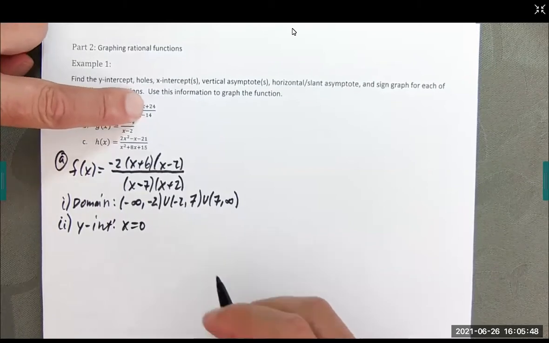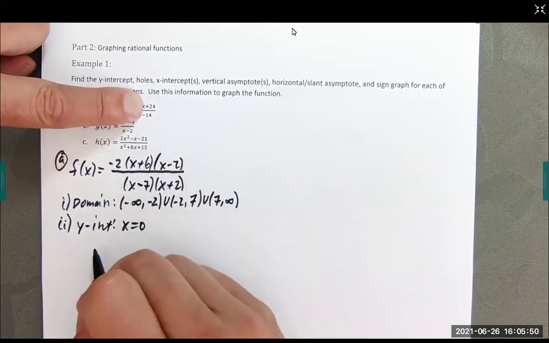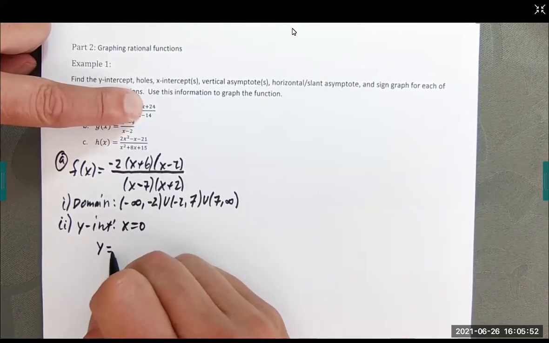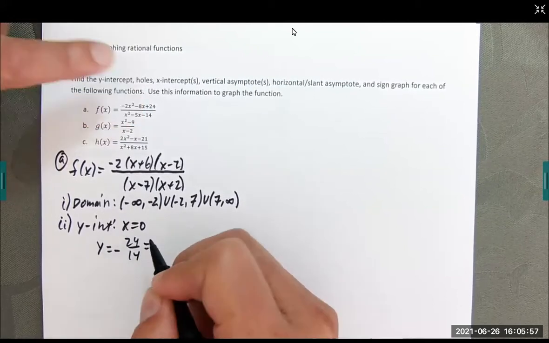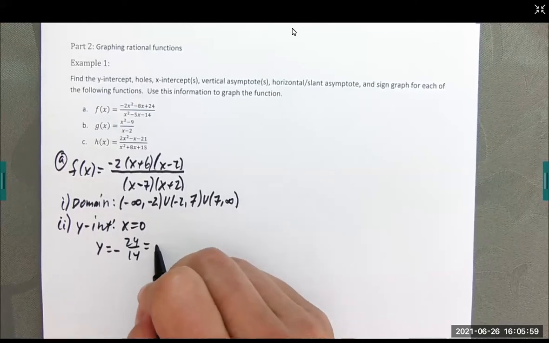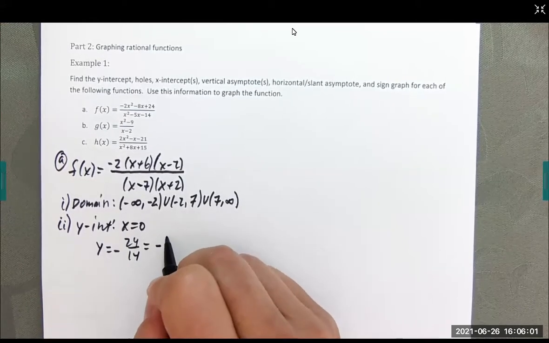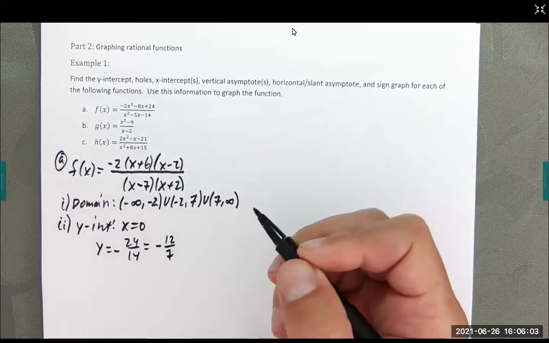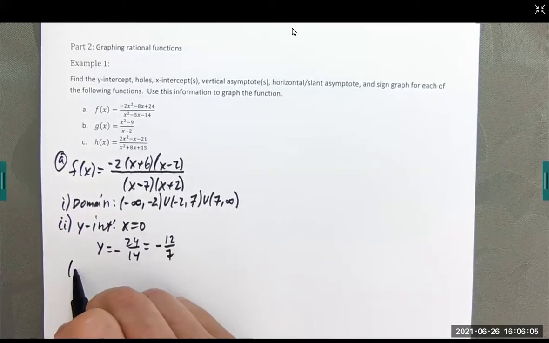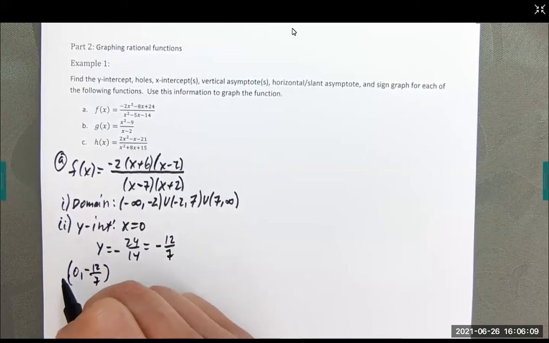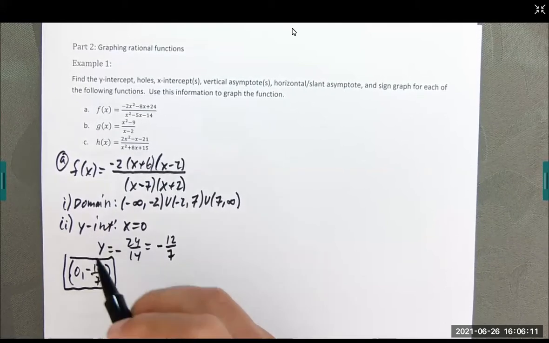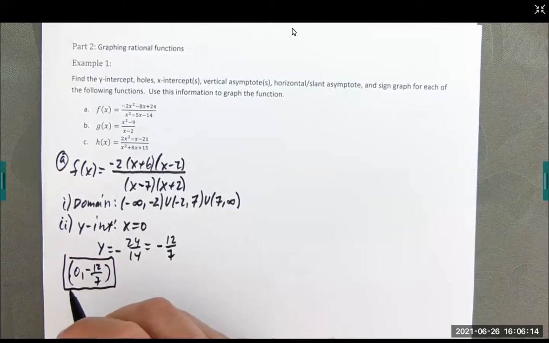We're going to get negative 24 over 14, which should reduce to negative 12 over 7. So the point 0, negative 12 over 7 is our Y-intercept. Part 2 will be our X-intercept. There's no holes, we already established that.